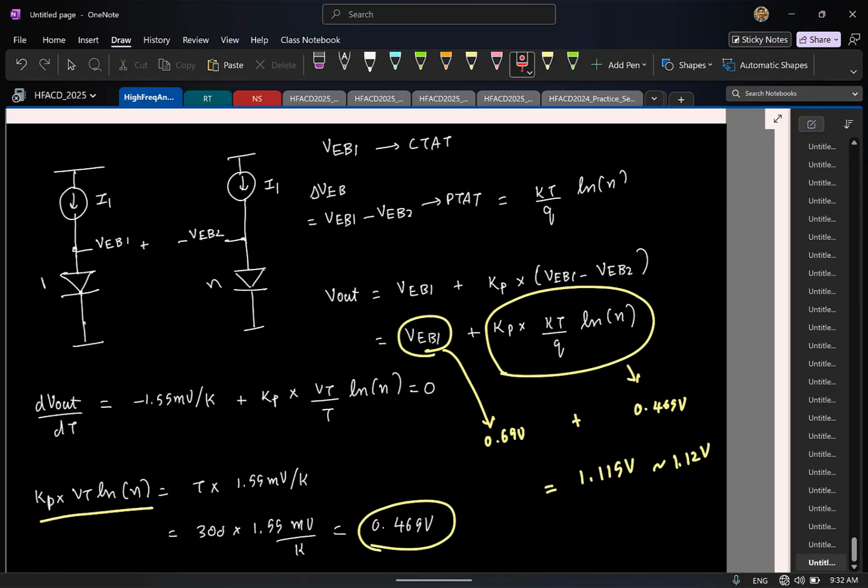It's not a coincidence. If you take all the equations and work them out, you can show that this is equal to the band gap voltage, but that's not relevant. Because of this, this circuit is called a band gap reference. It's a voltage reference, and that voltage value is equal to the band gap of silicon, so we call it band gap reference.